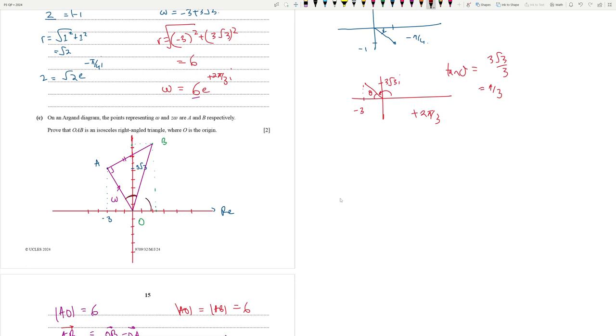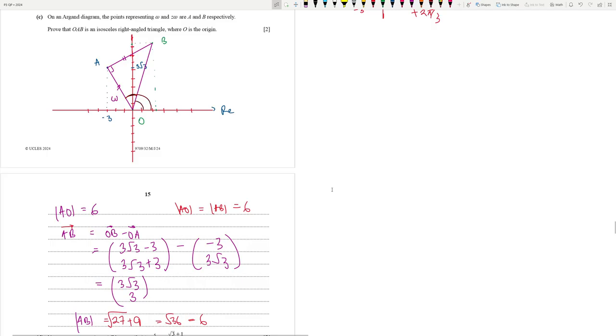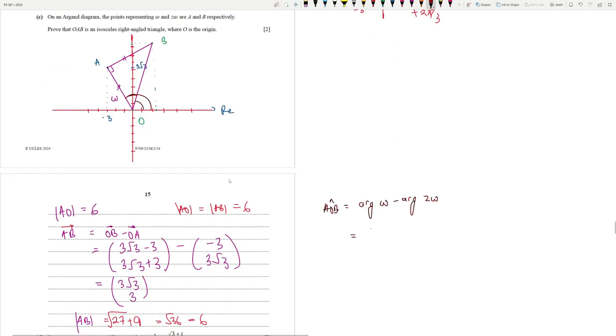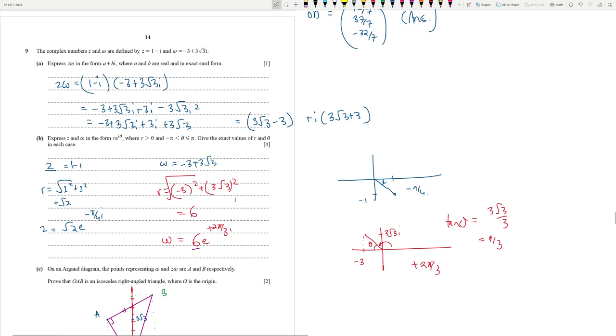How? It's the argument of omega minus the argument of z omega. I'm going to find out angle AOB. So argument of omega, how much was it? 2 pi by 3. Okay, and the argument of z omega, how much will it be?